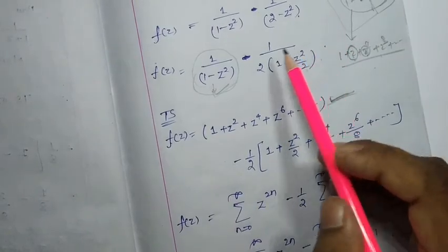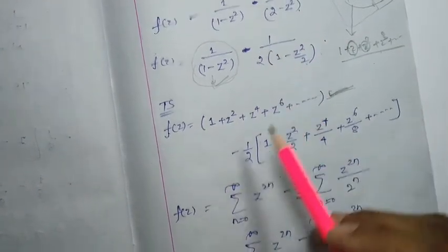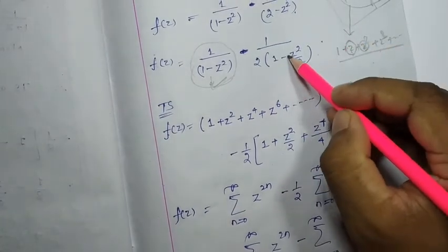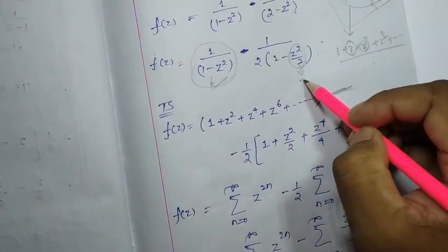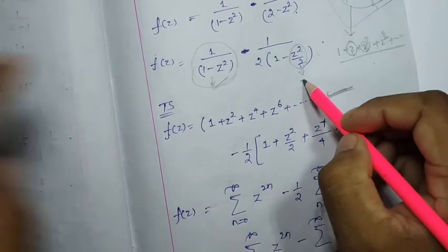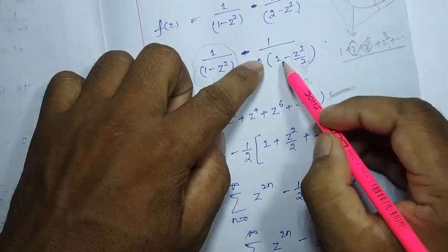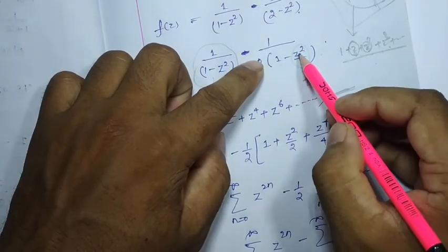Next, minus 1 by 2, here 1 minus z square by 2. So here z square by 2 is considered as z. 1 by 1 minus z is nothing but 1 plus z plus z square plus z cube, like that. So here instead of z we have to consider z square by 2, right?